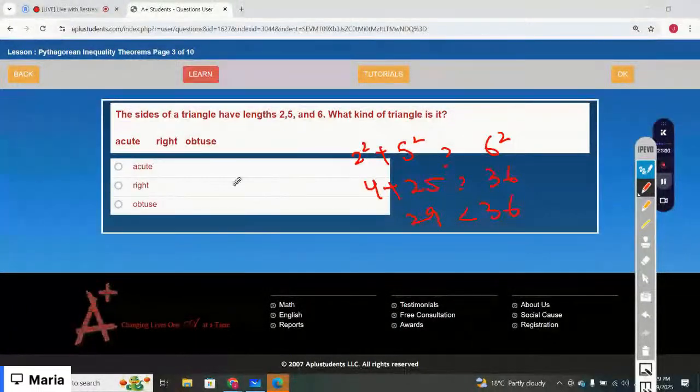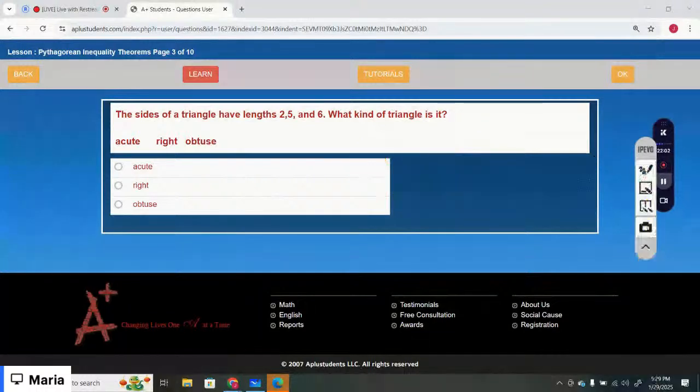The correct option is obtuse triangle. Option number 3 is the correct option.